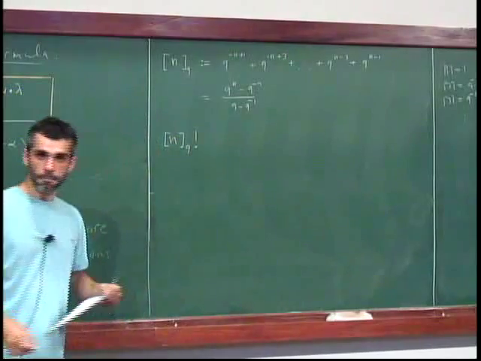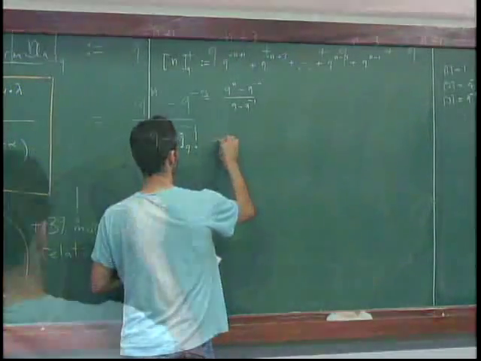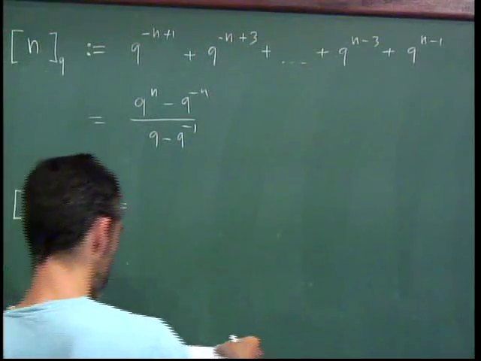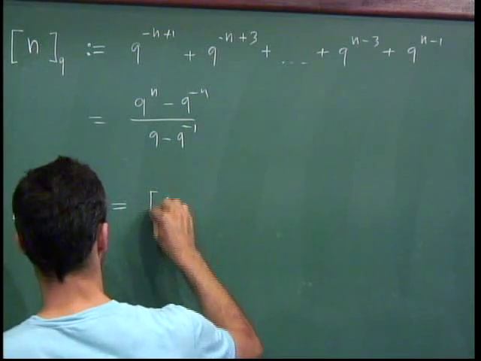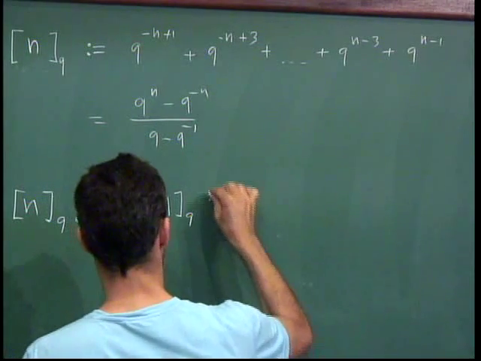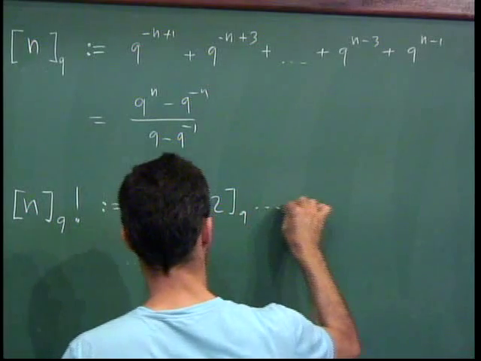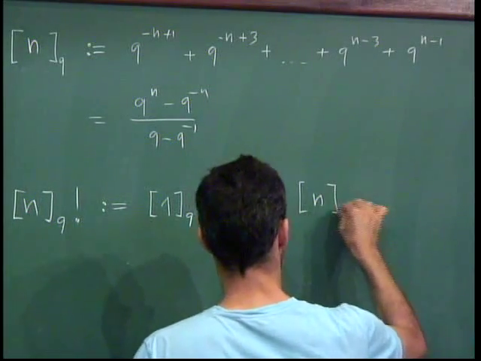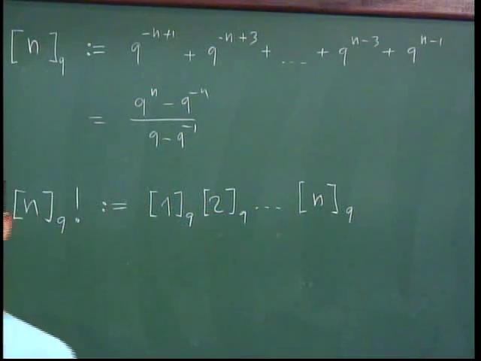The q factorial is defined as the product of the above expressions. Fair enough. You're allowed to do that.